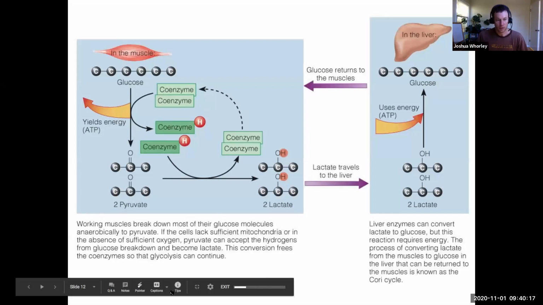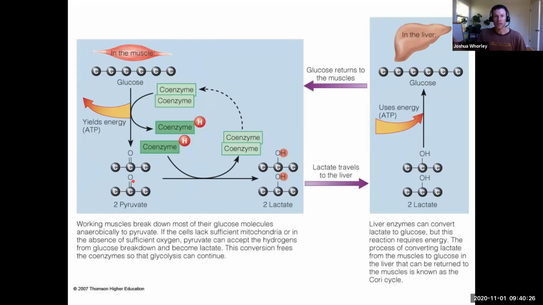Doing this process, going from glucose to these 2 pyruvate molecules down here, that requires a little bit of ATP. Of course, we net 2 ATP out of it, but it requires a little ATP to start. Okay, so that's another use of ATP.